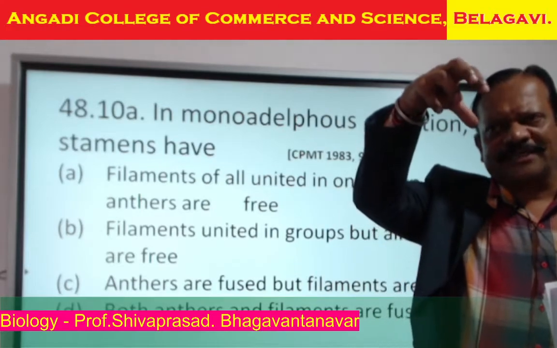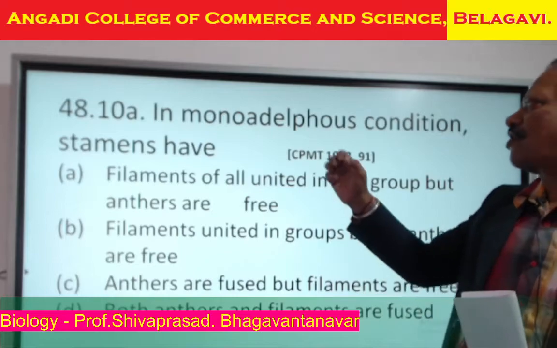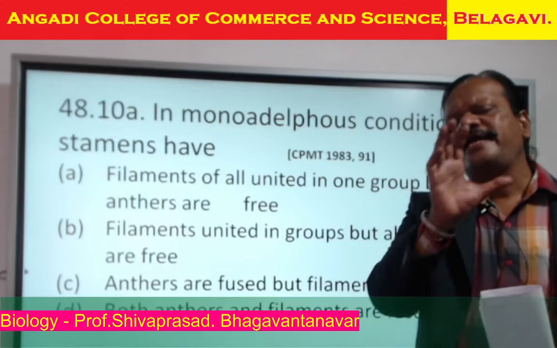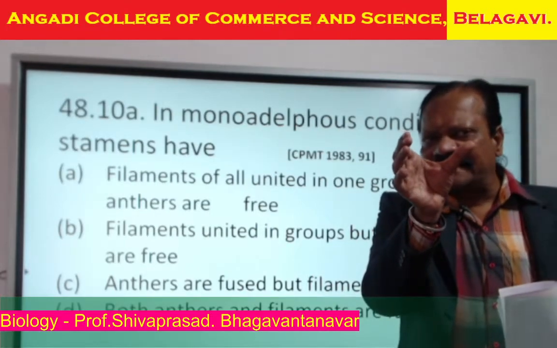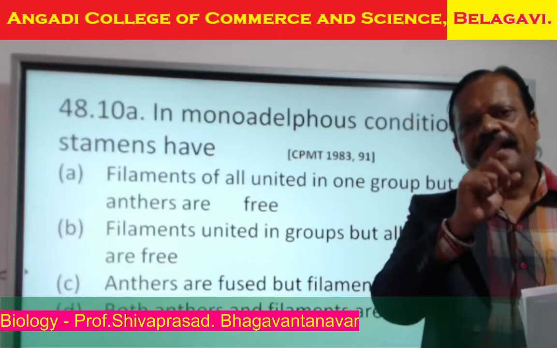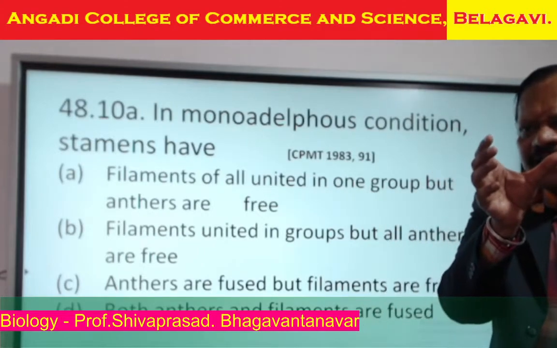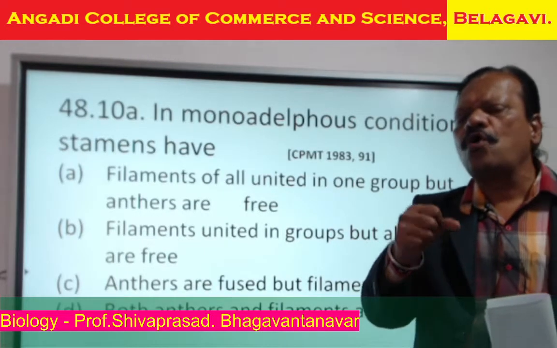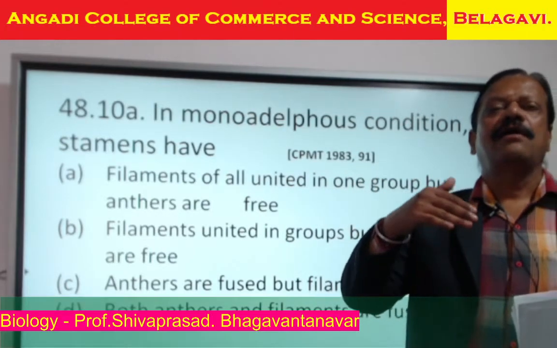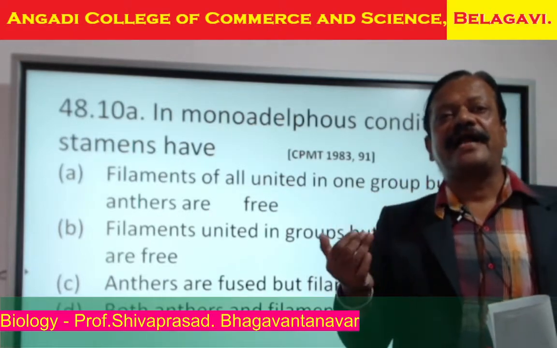If anther lobes are free and filaments are joined, then you are calling it adelphous. Okay. And if the filaments are joined and forming only one bunch, then you are calling it monoadelphous. If filaments are joined like that, and two or more than two bunches are formed, then you are calling it polyadelphous. If two are formed, then you are calling it diadelphous.